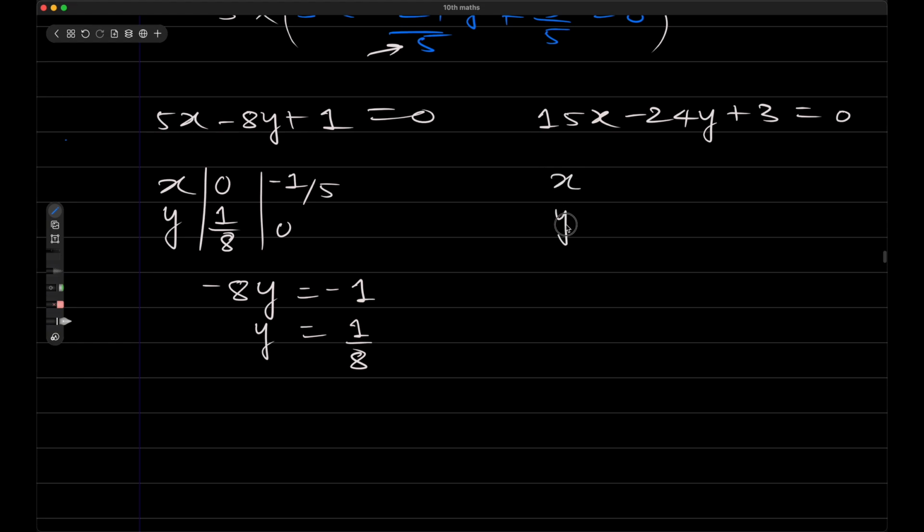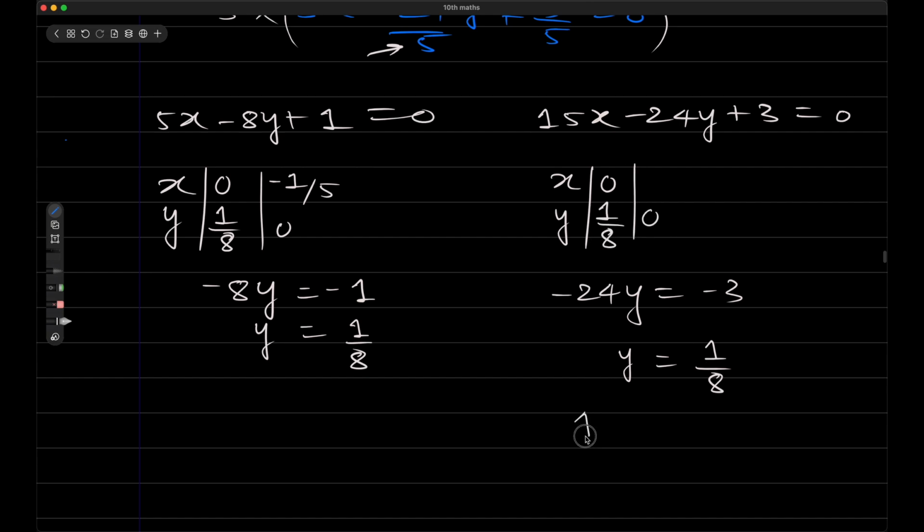For the second line, if we put x equals 0, we get minus 24y equals minus 3, that is y equals 1 by 8. If we put y equals 0, we get 15x equals minus 3, that is x equals minus 3 upon 15, that is minus 1 upon 5.